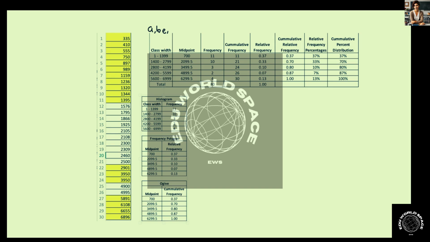To make the ogive, I pulled out the midpoint and the cumulative frequency because for I, we had to make an ogive. Sorry about that. So then for the histogram, that is for C. And for the frequency polygon, that is also C. So here it is.